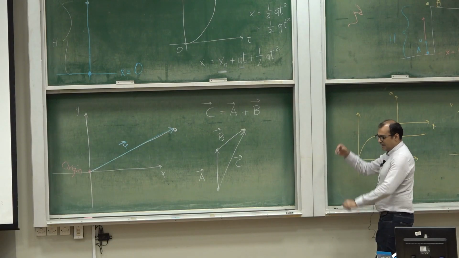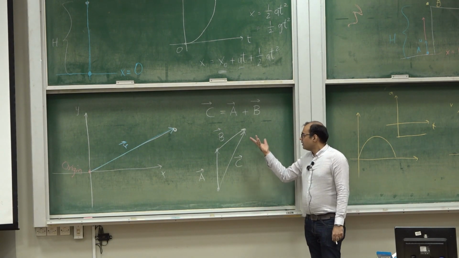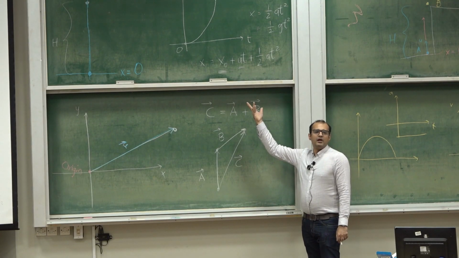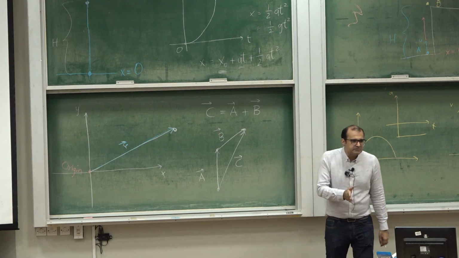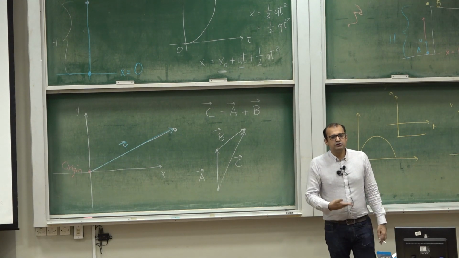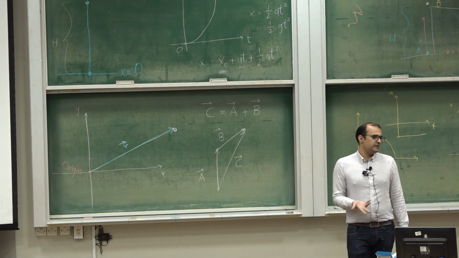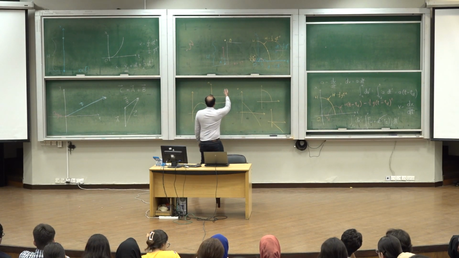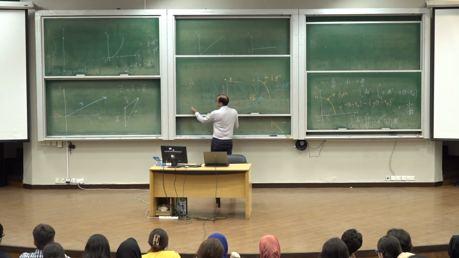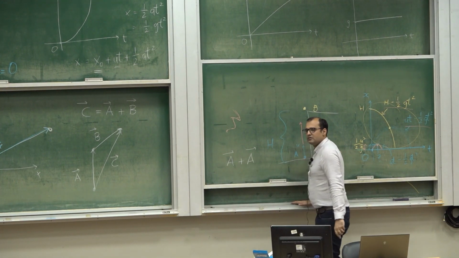Okay. Then you can think about other things. What if B is equal to A? That means that I take 2 steps in some direction, for example, and 2 steps more in the same direction. What's my total displacement? 4 steps in the same direction as the first vector.